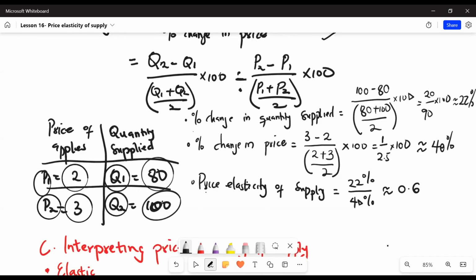Now you can see the price elasticity of supply is positive, and this simply shows the relationship between price and quantity supplied as illustrated by the law of supply. Higher prices induce higher quantity supplied, and lower prices induce lower quantity supplied. That is why the price elasticity of supply is positive.